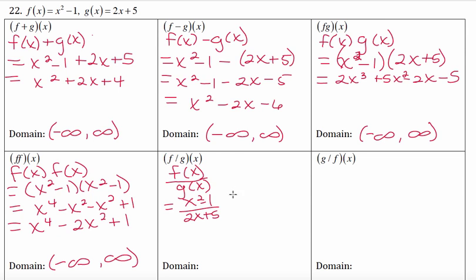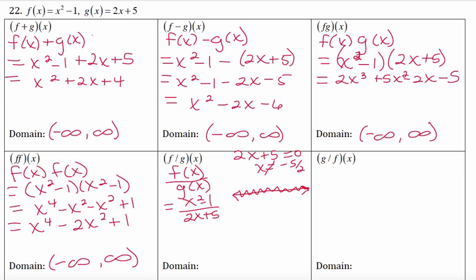So I know that my overlapping intersecting domain of f and g is all real numbers. It's the whole number line. And then we're going to figure out what makes this equal to 0. So 2x plus 5 is my denominator. I'm going to set it equal to 0. And then x is going to equal negative 5 over 2. But technically that's what x cannot equal. That's what you need to take out of the domain because that's what makes the denominator 0.